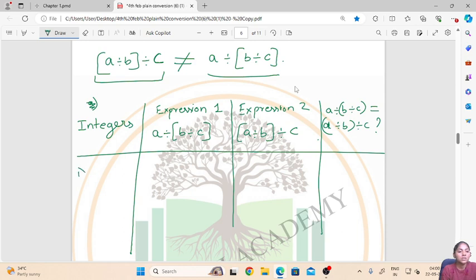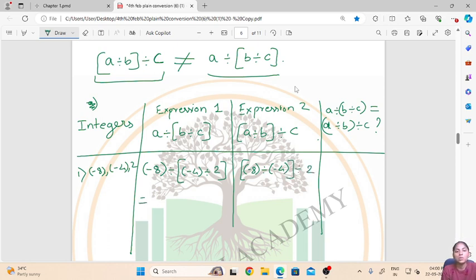Now first integers that we have are -8, -4 and 2. So first we will put these integers in these expressions. So we have a divided by b divided by c. So this is our first expression, and then we have a divided by b, which is then divided by c.